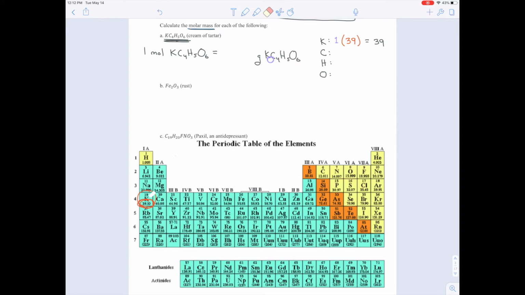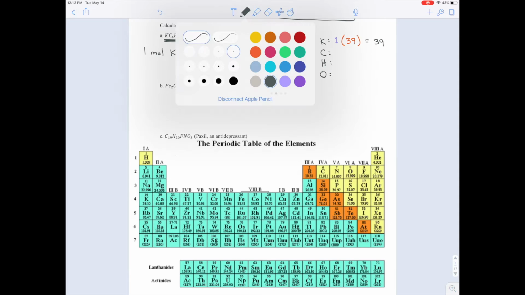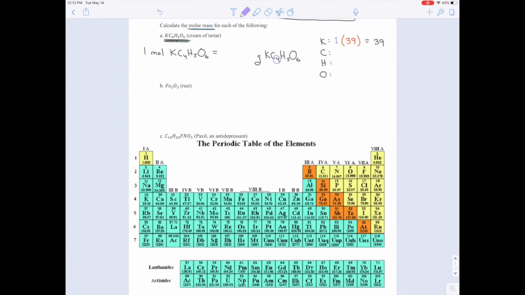Okay, for carbon, we have 4 carbons. Each mole of carbon weighs 12 grams. We can see that on the box at the top right of the periodic table. So that means the carbons all together in this molecule will be adding 4 times 12, that's 48 grams.